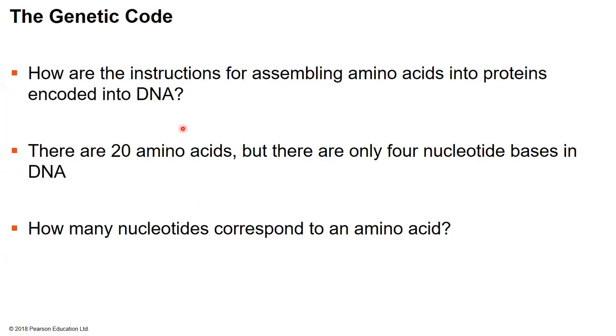So now we're going to start learning about the details of transcription and translation. But first, we have to look at the genetic code. Okay, remember, DNA consists of nucleotides. DNA stores information that is necessary for the synthesis of proteins inside the cell.